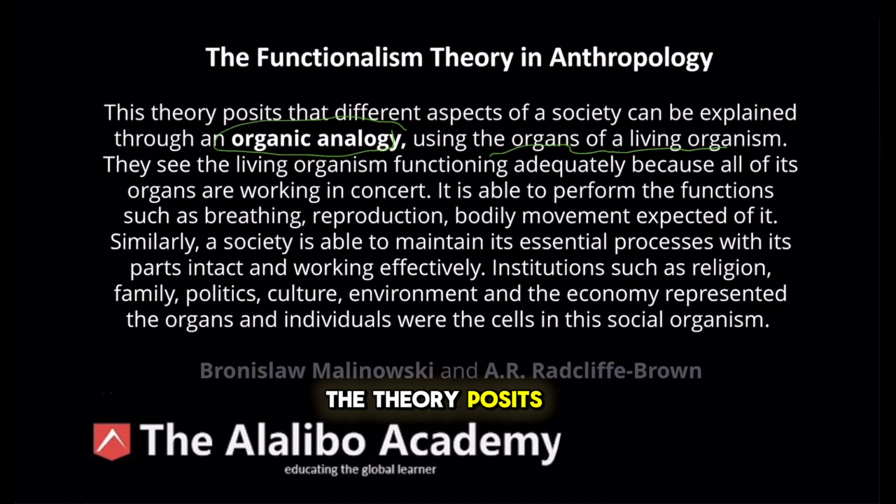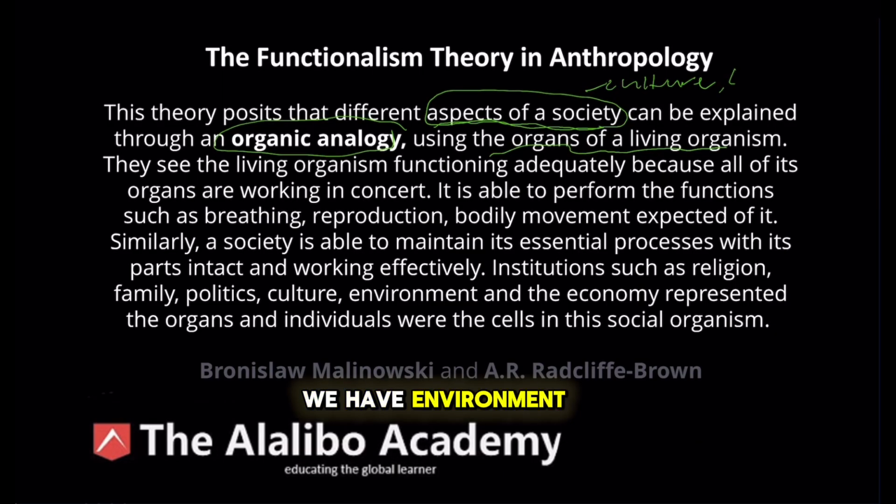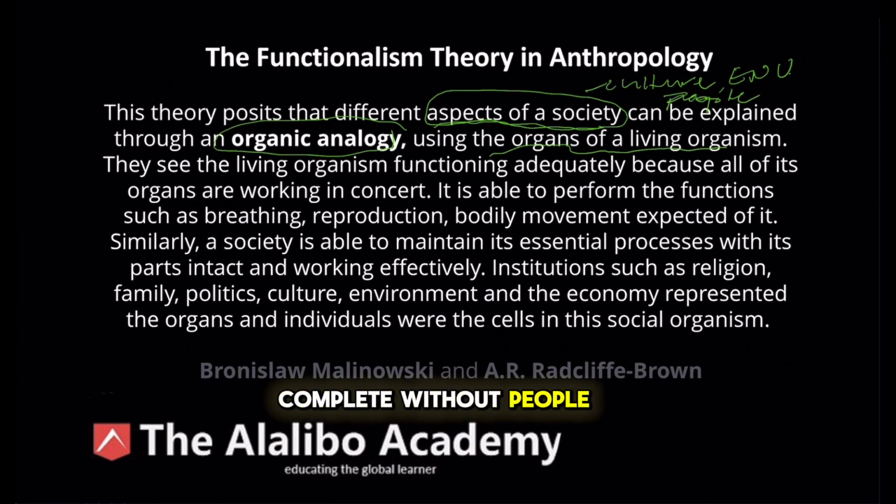The theory posits that different aspects of society, and let's take a look at this closely. What are the different aspects of society? We have culture, we have environment. We have, of course, people. It won't be complete without people.